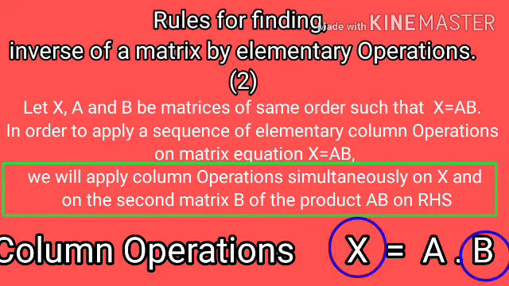So if we want to apply column operation, on left hand side there is no problem because there is a single matrix X, but in right side there are two matrices A into B. So we will apply this column operation on the second matrix, that is B. Is that clear?